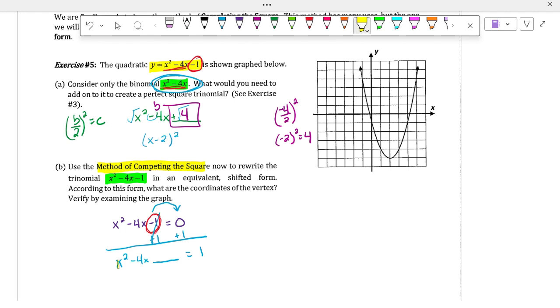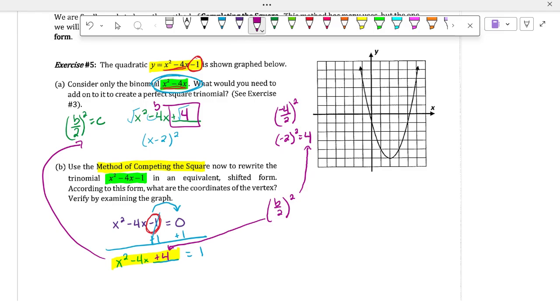Now, since we have the same thing that we had when we started in part A, you would do your b over 2 squared to find this value. So this value comes from b over 2 squared. That's how you get your new c value. We already did that up here, and we got 4. So we're going to add 4.